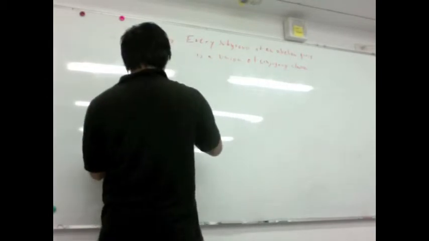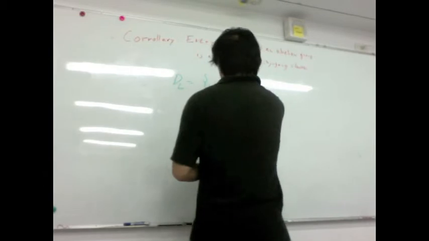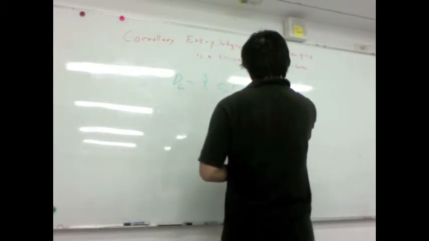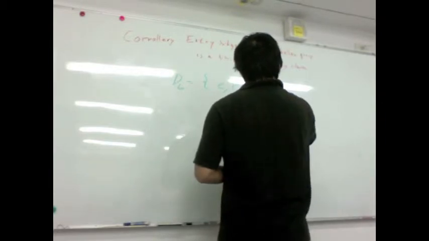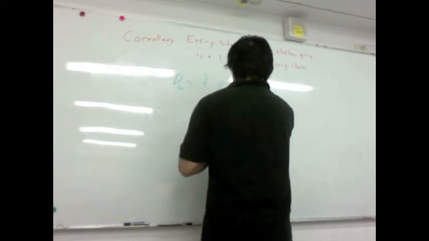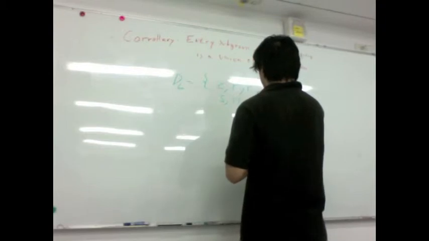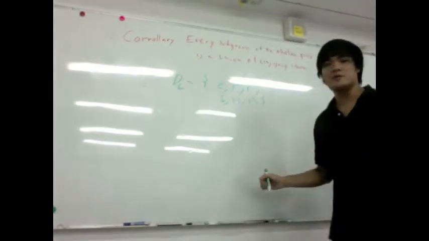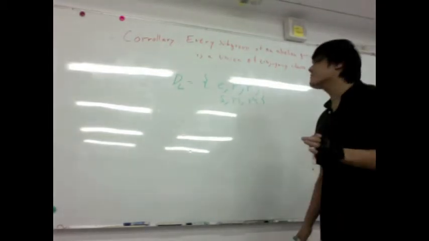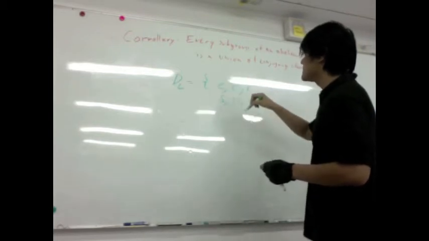D6, the dihedral group of order 6, is equal to the identity, R, R squared, S, RS, and R squared S. Alright, let's look at the first powers of R. Let's look at the conjugacy classes that relate to R.